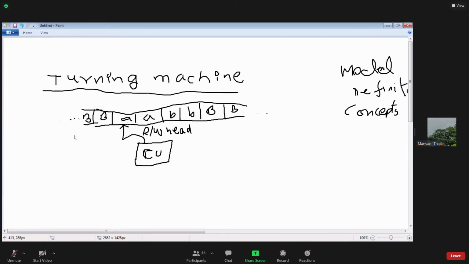The input string is scanned from the leftmost input symbol. From here, the read write head starts scanning. The input string is ended with blank symbols and preceded by blank symbols also.